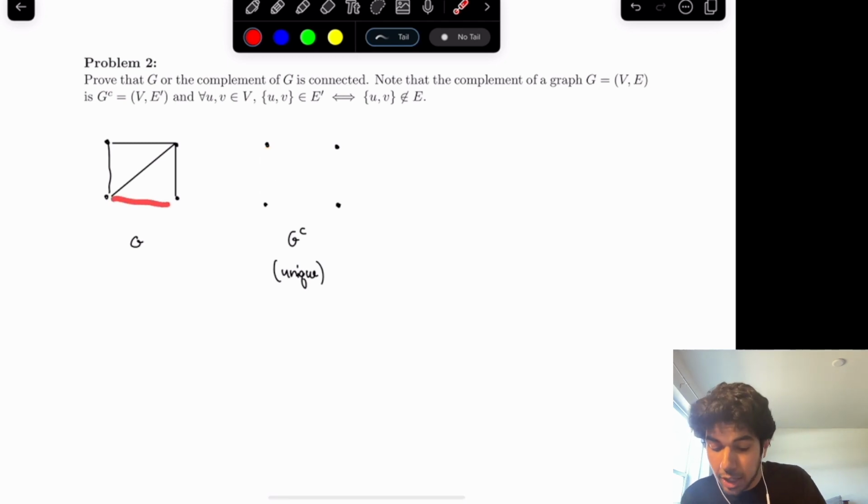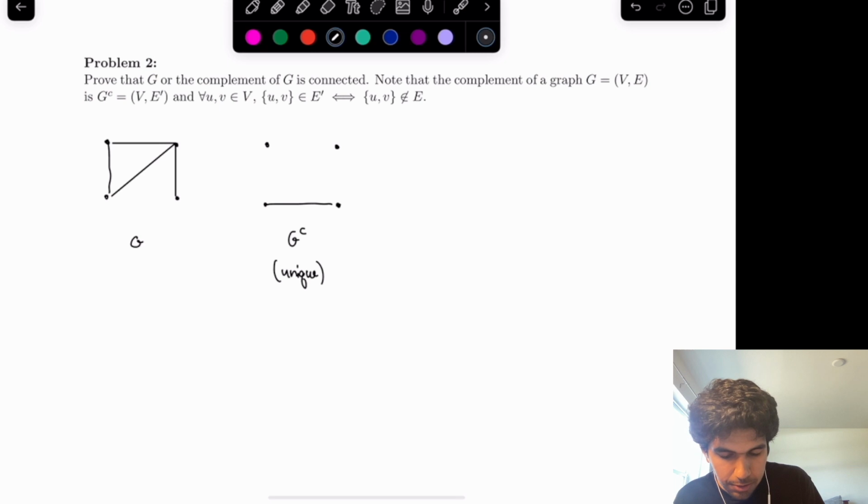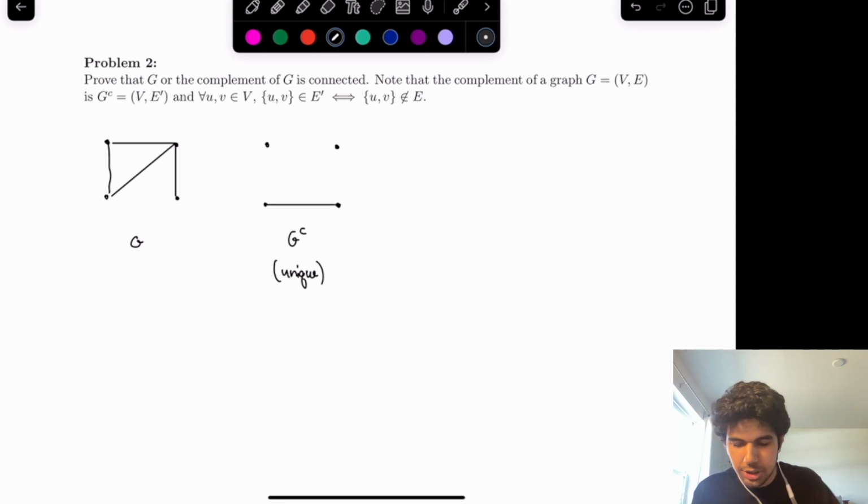However, if there does not exist an edge between them in G, then that edge will appear in G complement. So, for example, this edge is missing in G, and that edge is missing in G as well. Otherwise, all of the edges are present in G, so they must not be included in G complement. So now we know how to compute the complement of the graph.